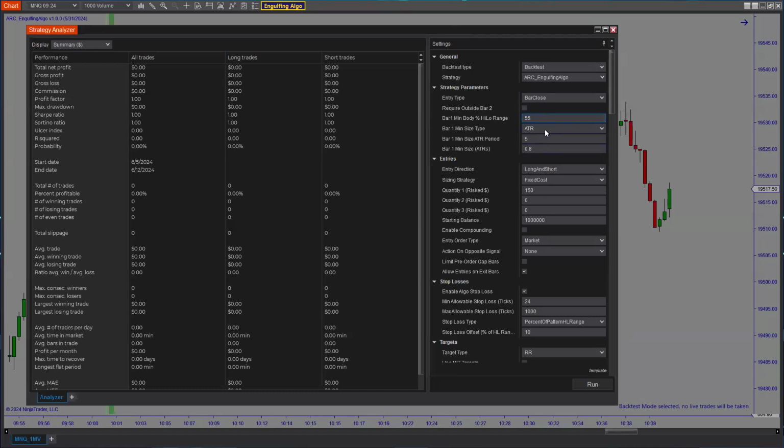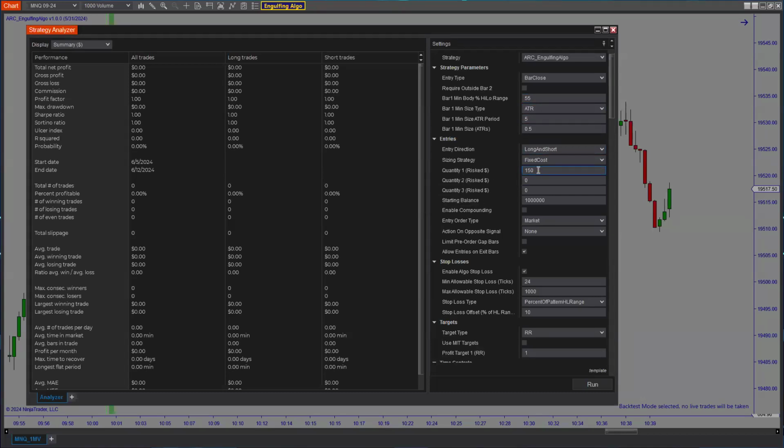Minimum bar one body, I have it at 55. Bar size, ATR, because it's easy to fluctuate with the flow of the market. Bar one size, minimum 80% of ATR. Let's expand it out a little bit and go to 0.5, and then we can always bring it back in if we need to.